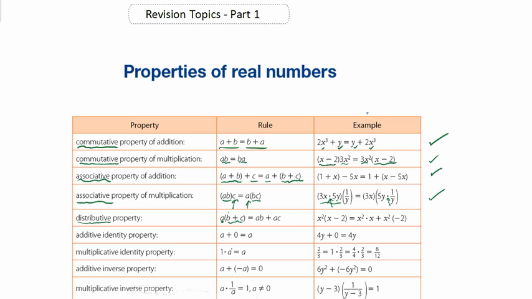So what it means is we can either add up B and C first and then multiply by A, or we can multiply A by B and then add A by C. So that product, the multiplication of A by B plus C, is distributive over addition. You can distribute it, A by B plus A by C. And so we often call this expansion of brackets, or multiplying brackets out, or expanding terms, etc.